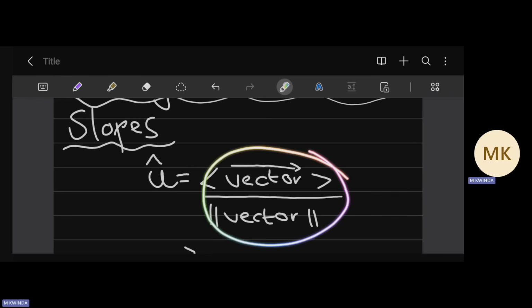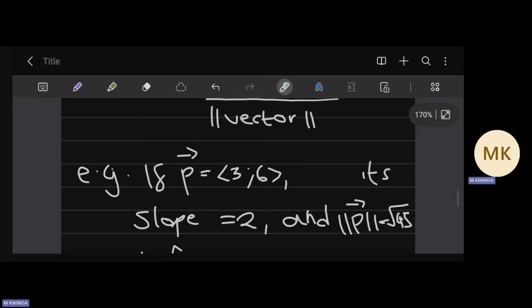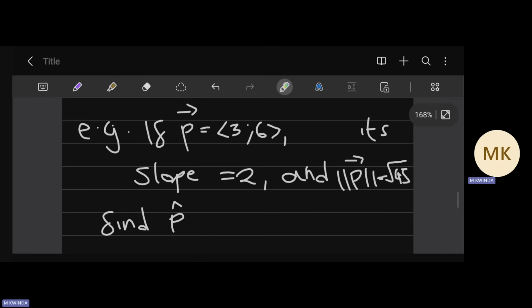Made a little example here. They're saying to us, if P is equal to this and its slope is equal to 2, and they also gave us the magnitude, which is square root of 45, we must find the unit vector P. Remember, the cup means unit vector.